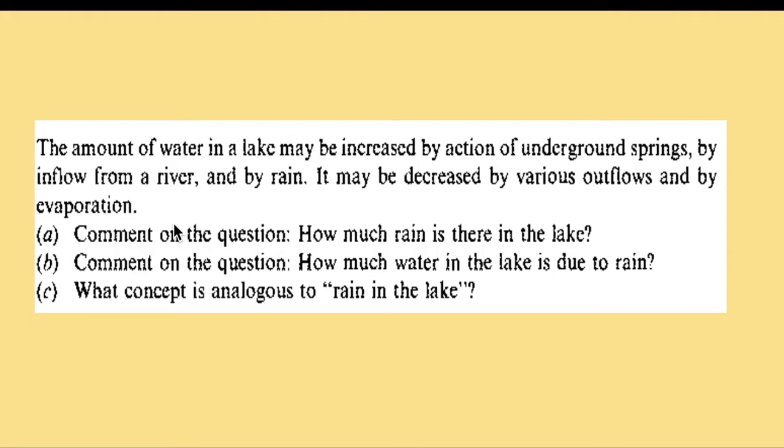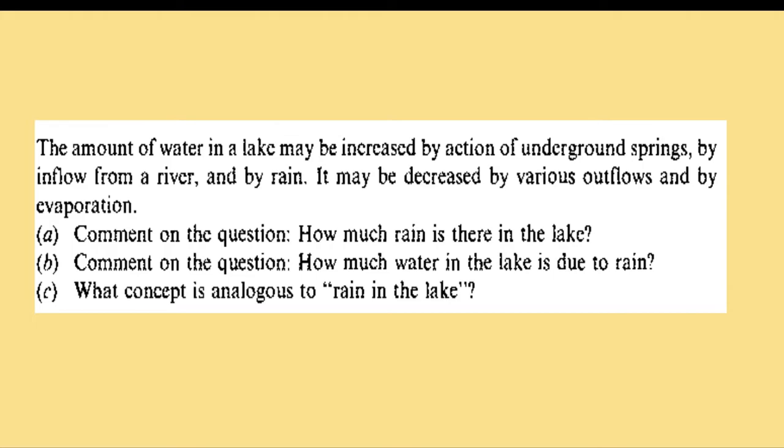That means the amount of water in a lake can be increased by springs. That means water flow from underground, by inflow from a river. So a river is flowing into the lake, and also by rain. So you can have three intakes.